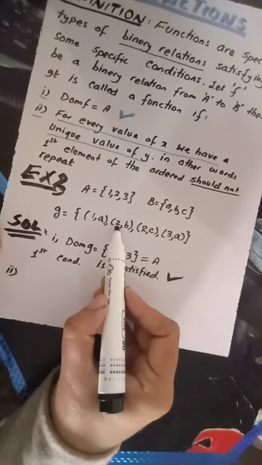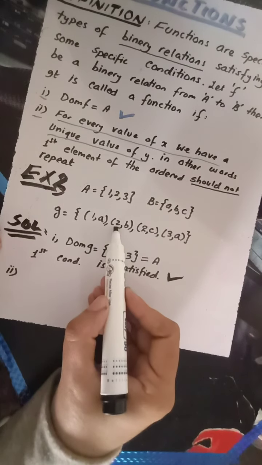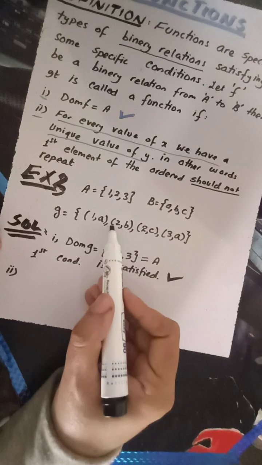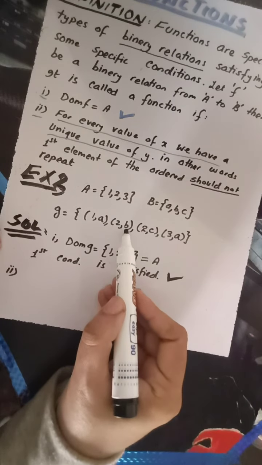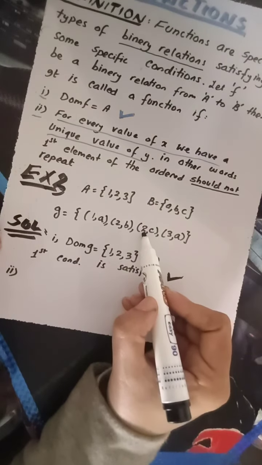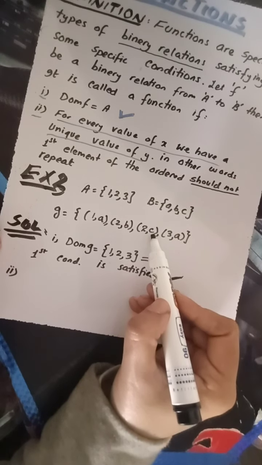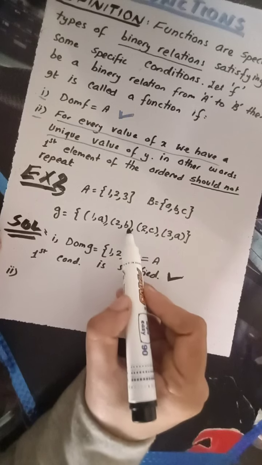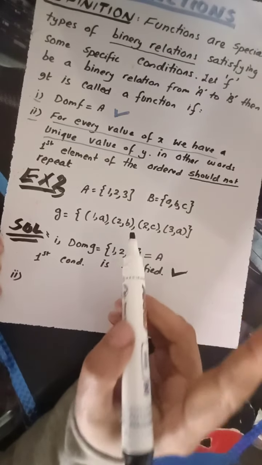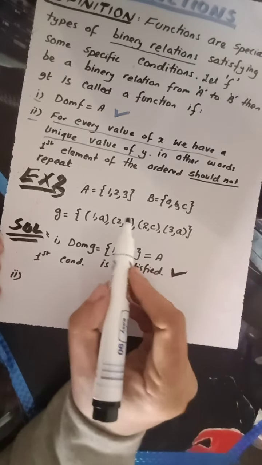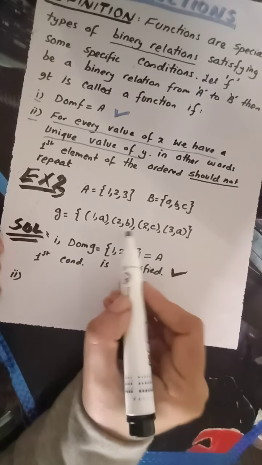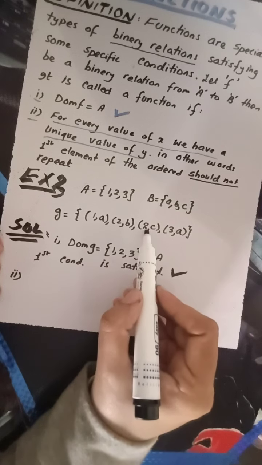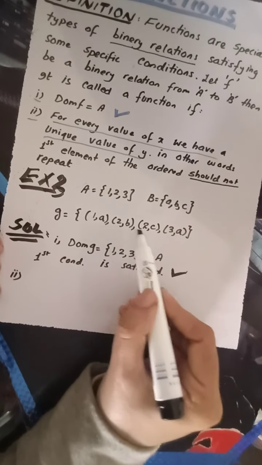For 2 there is not a unique value, because 2 has two corresponding values of y. 2 has the value b as y, and also 2 has the value c as its y. So 2 does not have only one value of y. It means that this 2 is repeated, which is very clearly seen over here.